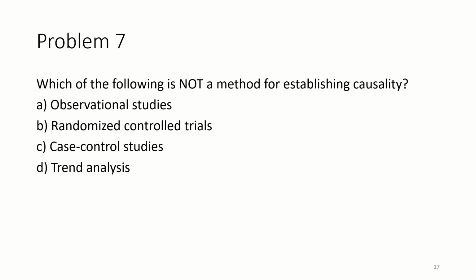Any other answers? Okay, maybe we can go to the answer. Randomized control trials can look at cause and effect. For example, an intervention and what the results of that intervention are. So they can establish a cause and effect. True.